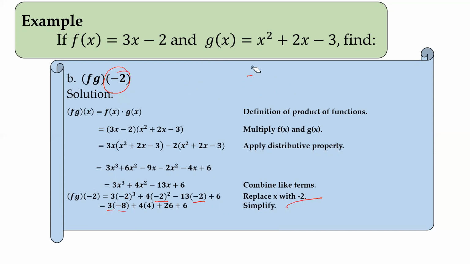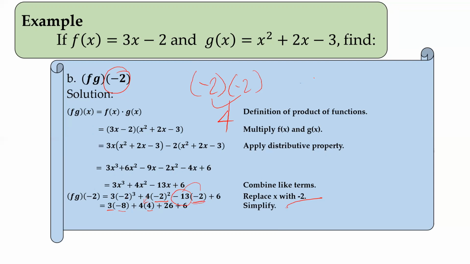What about, okay, we have here, ito muna, negative 2 squared. Ibig sabihin, negative 2 times negative 2. So, that is positive 4. Meron tayong positive 4. Bring down lang natin yung 4 dyan. And the next one is, okay, dito na tayo, negative 13 times negative 2.